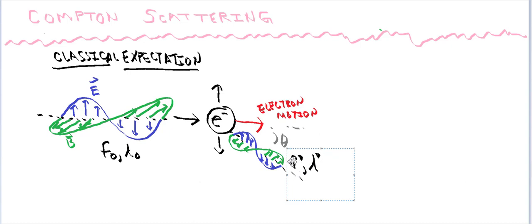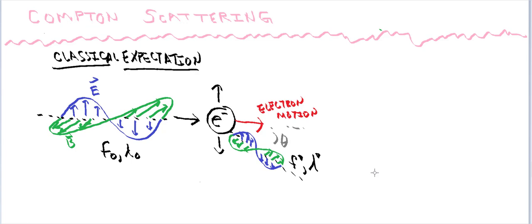So classically, the wave comes in, the electron gets pushed forwards and oscillates owed to the electric field. The wave scatters with some new frequency and wavelength f prime, lambda prime that are not pinned, that can take on a large spectral range of frequencies and wavelengths.